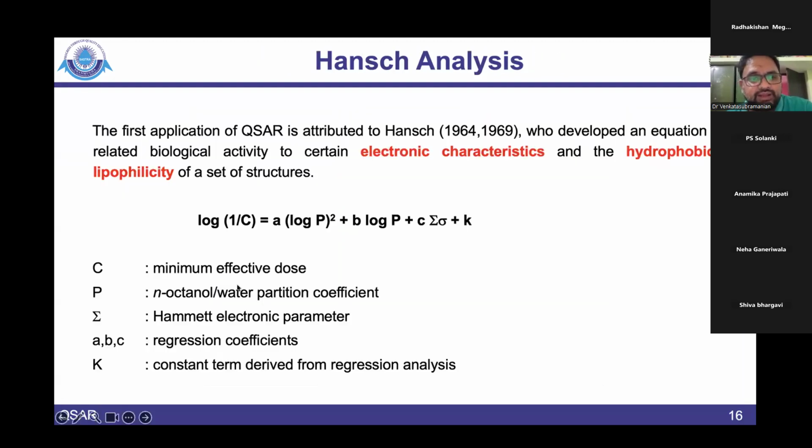However, again, it is the basis of everything. And then what he used is regression analysis, with regression coefficients. So he used log P, and then electronic characteristics, that is, Hammett electronic parameters, sigma, various electronic parameters. Okay, so that means that the results were better in this one.